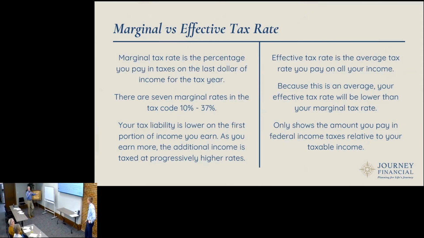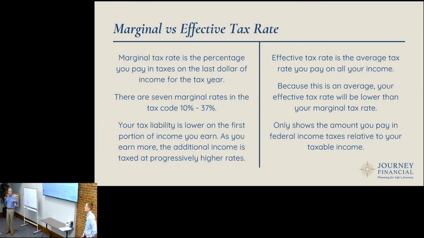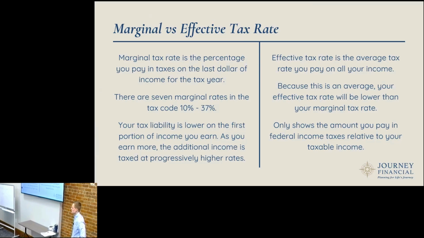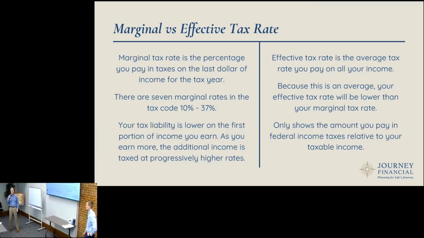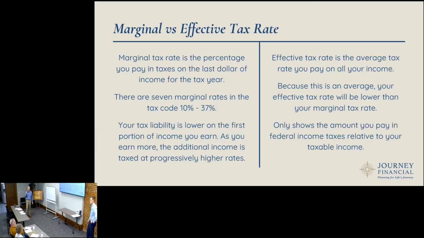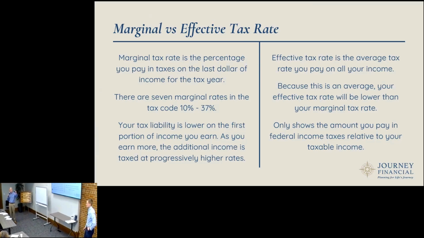Because of all your deductions, you're not paying 24% on all your income. And because it's a progressive tax, some of your income's at 0, some's at 10, some's at 12, some's at 22. We take that all into consideration to figure out what your effective tax rate is. If you have a professional do your tax return, they will probably show you on your page what your effective tax rate is.